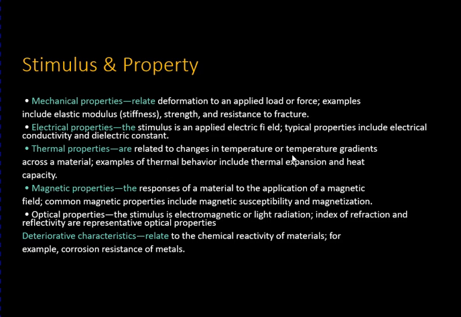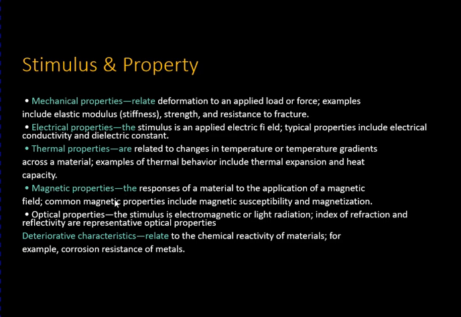When you supply heat to a material, then it actually responds. Now the behavior you get is basically thermal expansion, right? And of course, a change in temperature. All right, so that way you'll be able to study the thermal properties of that material.